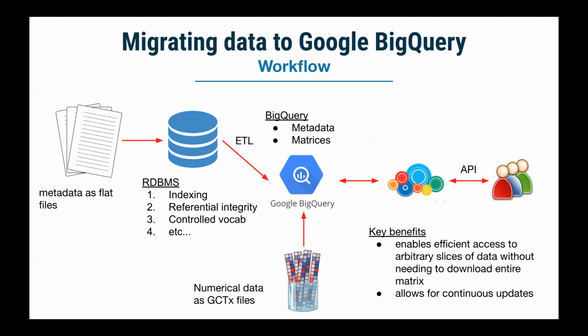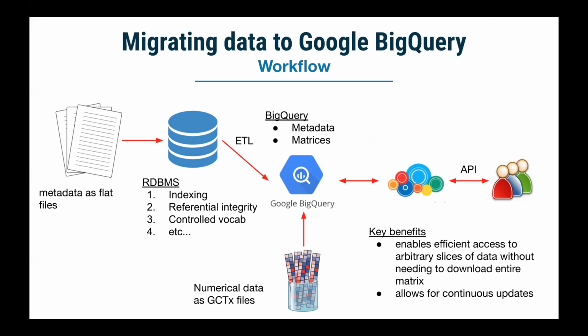And so we've worked out a process to take these flat files and GCTX matrices and convert them into a relational database schema, which can then take advantage of indexing, controlled vocabulary, referential integrity, and so forth. And then load that over into BigQuery, which makes this data available to things like our Clue APIs, and of course, external users such as you all.